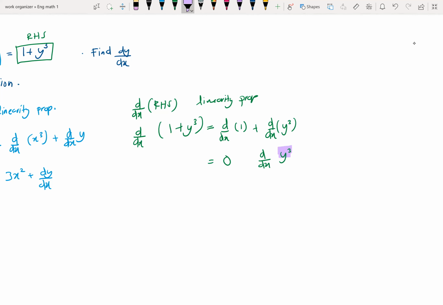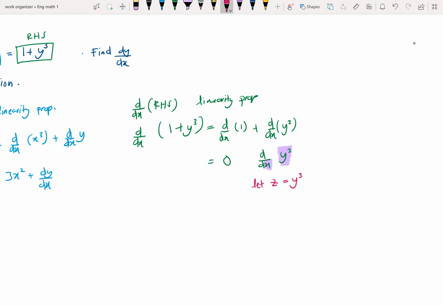In this part it is y, and this part is x. So we have to use the chain rule. Again, we just let z equal to y to the power of 3.